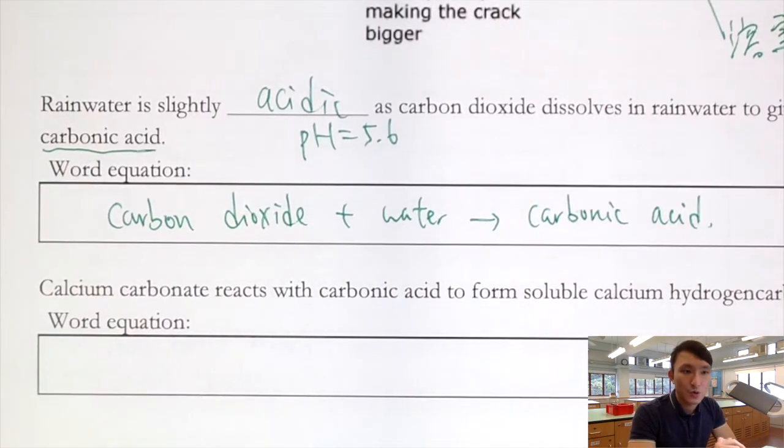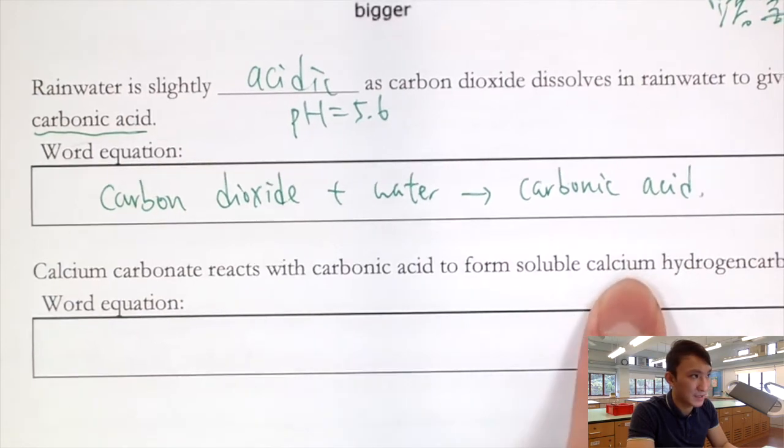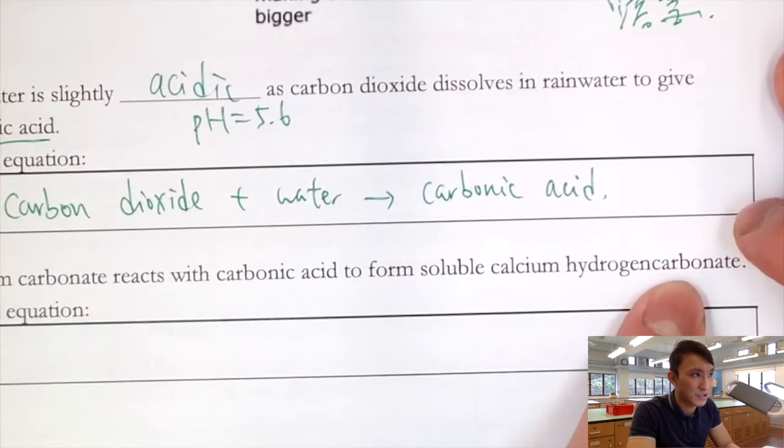All right? So you can tell, rainwater is not only physically smashing and grinding the rocks, but its acidity will also speed up the weathering and erosion. Now here, calcium carbonate reacts with carbonic acid to form soluble calcium hydrogen carbonate.